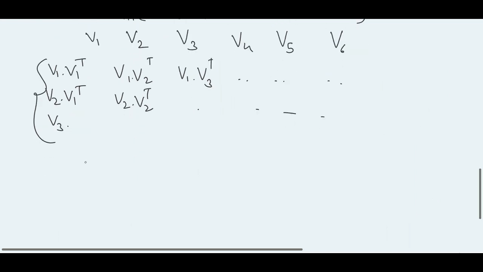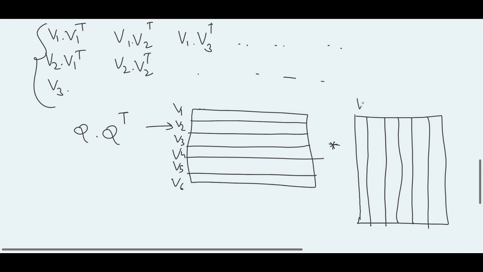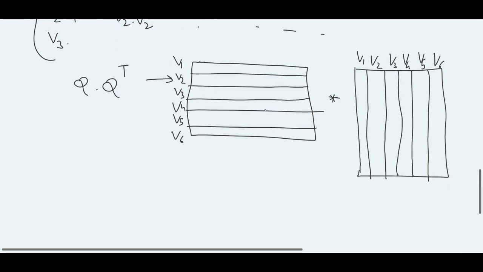Q, which was that original matrix, dot Q transpose, right? Something like this. So you say this is Q, and this is called Q transpose.